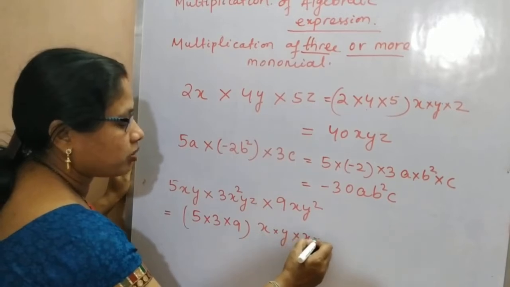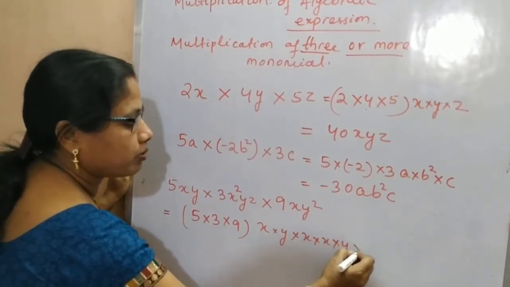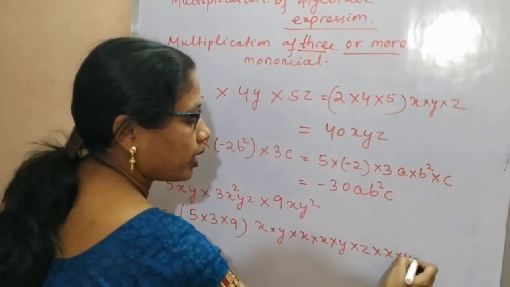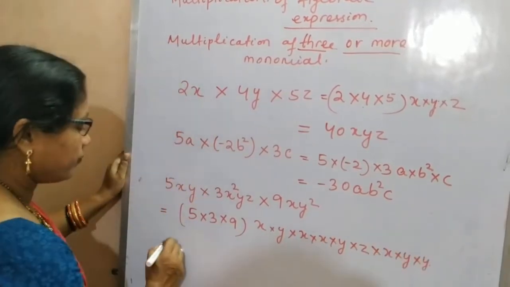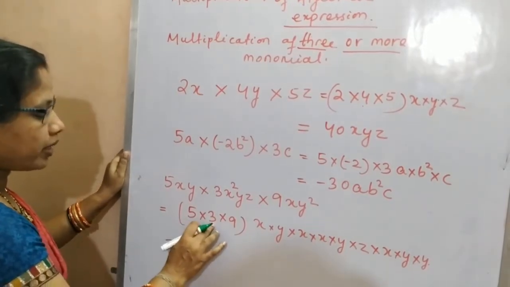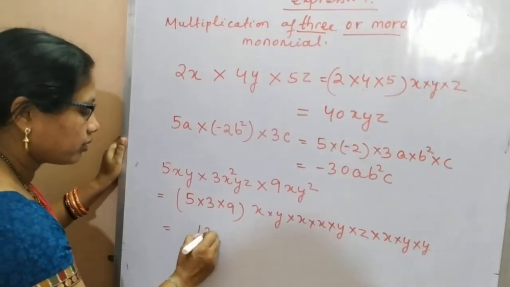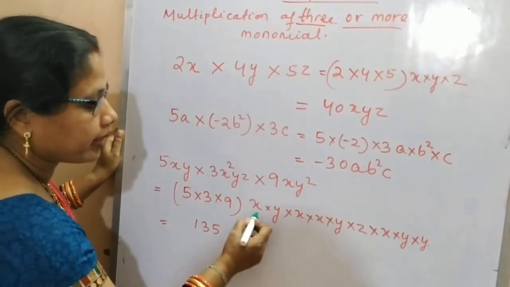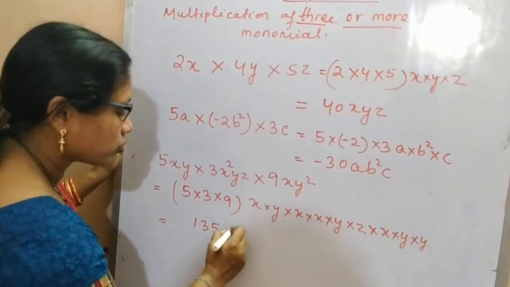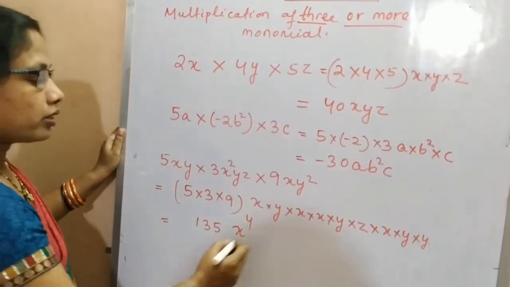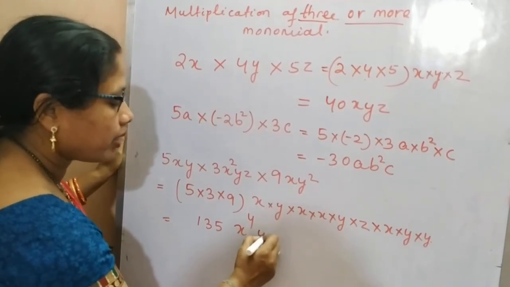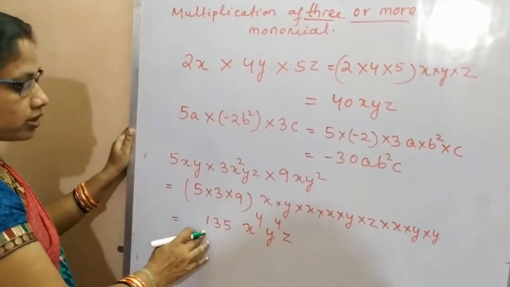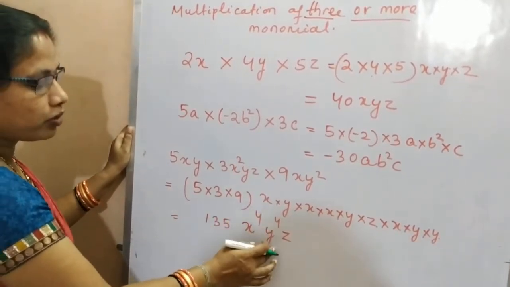So this is x multiplied with x multiplied with y multiplied with z. Then this is x multiplied with y multiplied with y. Then 5 multiplied with 3, 15, then 135. How many the power of x should be added? x 1, 2, 3, 4. So x to the power 4. Then y to the power 4. Then z, only z. So the answer is 135 x to the power 4, y to the power 4, z.